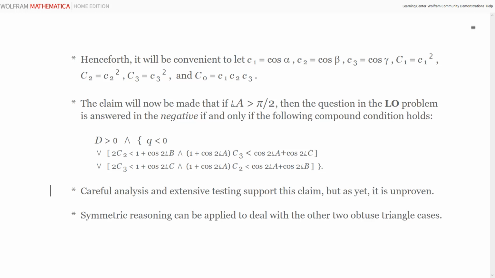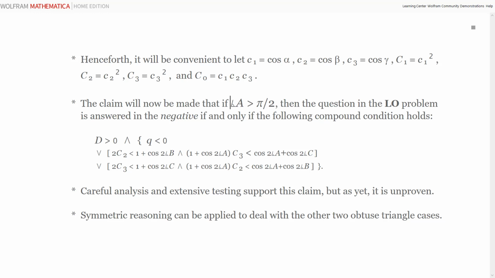All right? So there's a careful analysis and extensive testing supports this claim, but as yet it is unproven. And it's frankly quite new too, only within the last few weeks. So I'm telling you this condition is my proposed solution when angle A is greater than pi over 2, and perhaps you can guess, what if angle B is greater than pi over 2 instead?